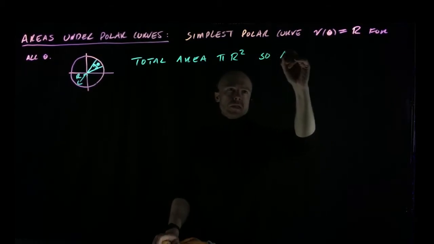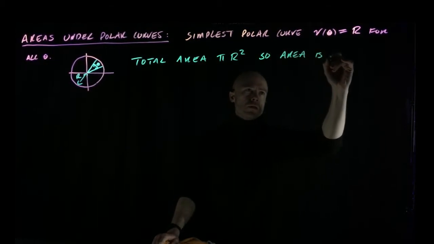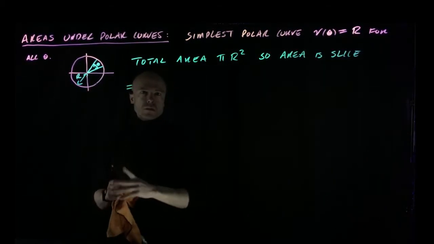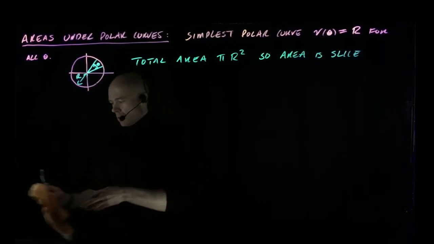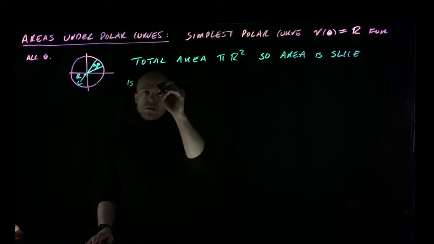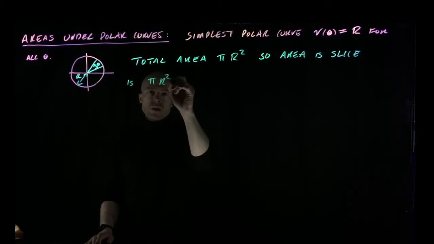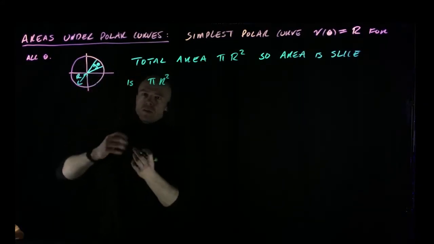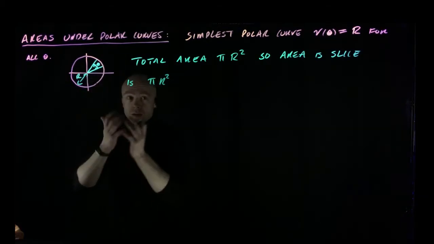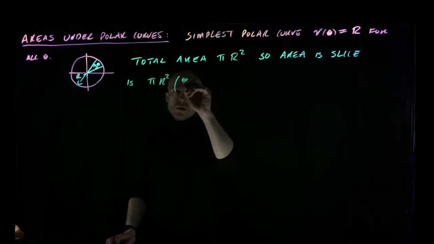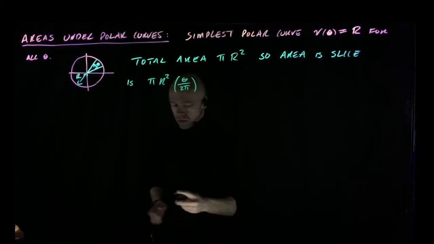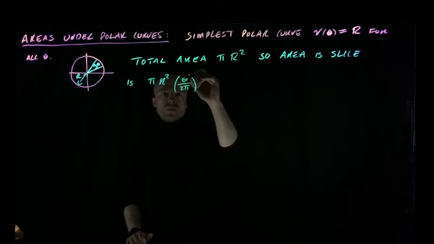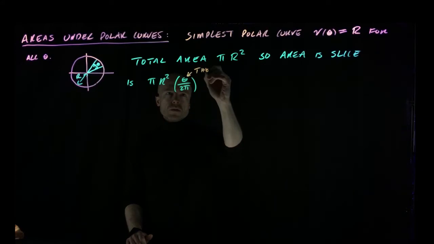So the area in the slice is the total area, which is pi capital R squared, times the proportion of angles we have, the ratio of angles inside the slice compared to the entire range of angles. So it's going to be theta over 2 pi, right? This is the fraction in the slice.